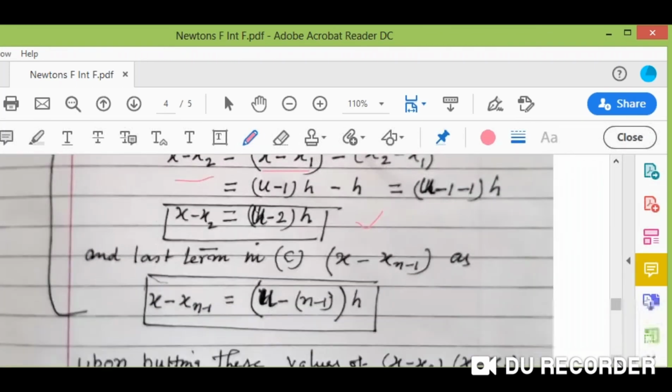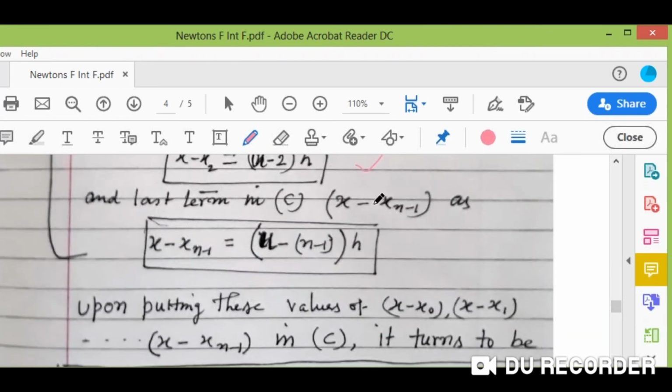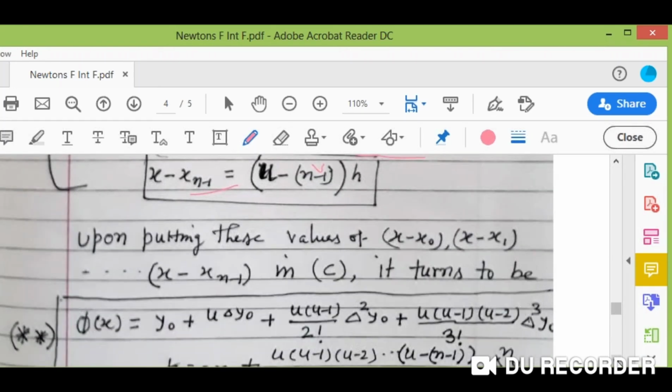So you just look here at the last term in the polynomial. x minus x n minus 1 is equal to u minus n minus 1 times h. So all values have been changed in terms of u.